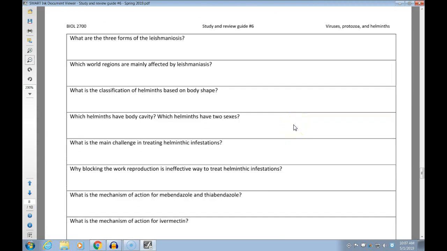Three forms from the mildest to severe: cutaneous, mucocutaneous, and visceral. Leishmaniasis is tropical: South America, Africa, Southeast India. That's it for the protozoa.